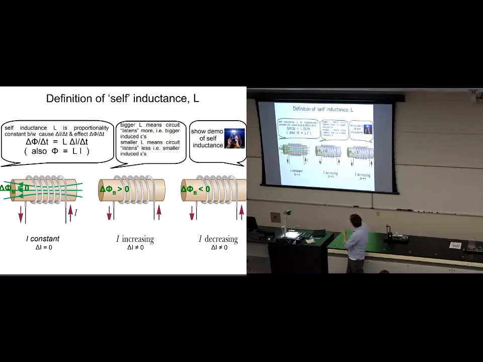So if you look at this equation here, L, this self-inductance, is the proportionality between the changing current that you have in the circuit and the resulting change in flux through the circuit, which determines the EMF. It's also the proportionality constant between the current itself and the flux itself. So this is also a way you can define the self-inductance.